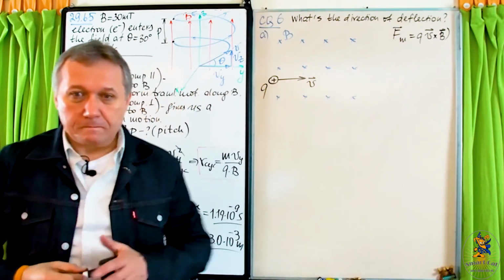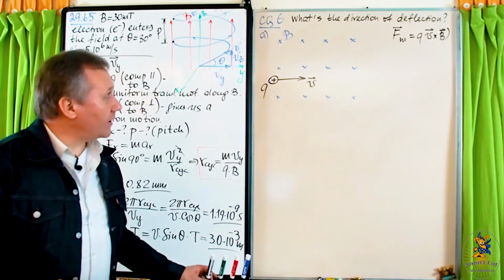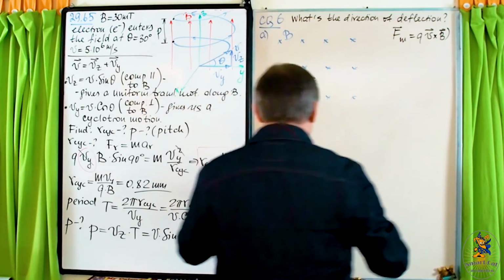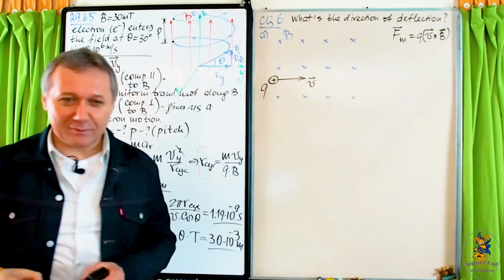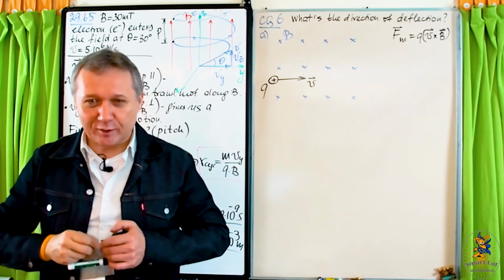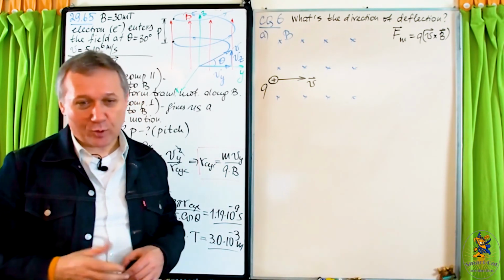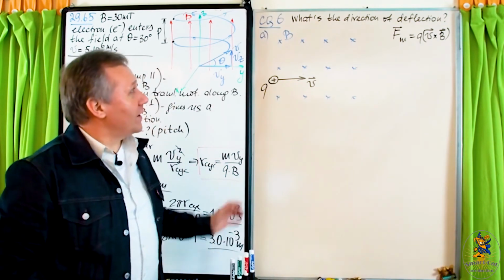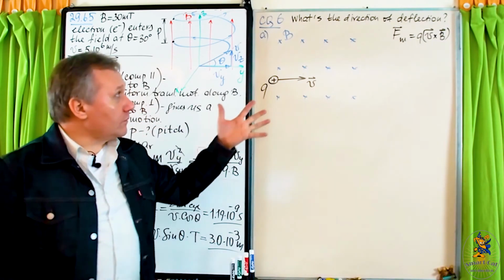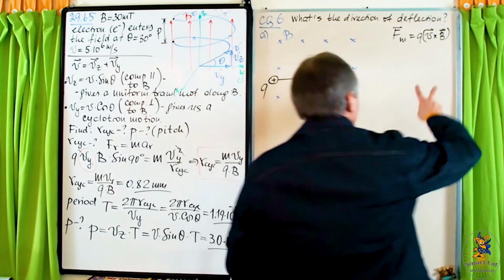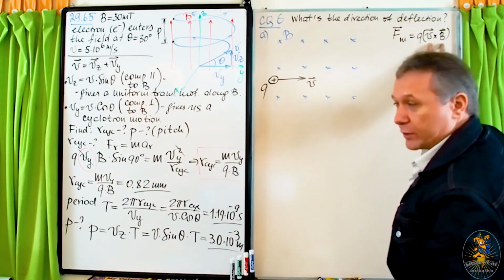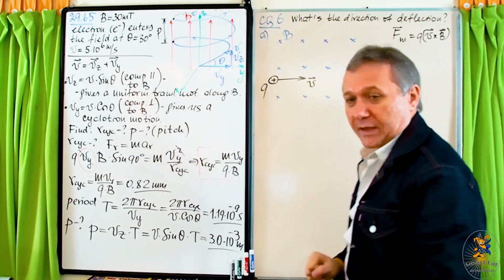So let's apply it. V cross B. Conservation of brackets: if you open 3 brackets, you must close 3 brackets, right? If you open 2, you must close 2. Okay. Direction of the force, again, 2 steps. You need to check the direction of V cross B and then check the sign of the charge.